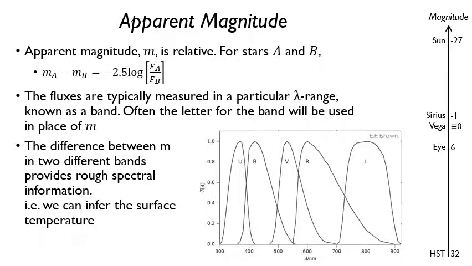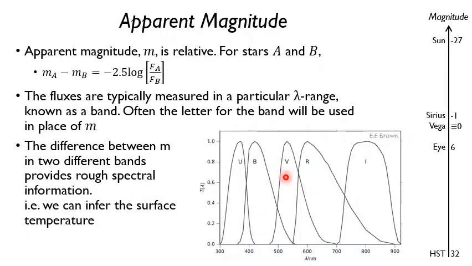Oftentimes you'll observe an object with at least a couple of bands, because the difference in the magnitude for 2 different bands is going to provide rough spectral information. It's going to allow us to infer the surface temperature. For instance, if I observe the same object in the blue and in the visual, you'll get some amount of light in each of these bands.